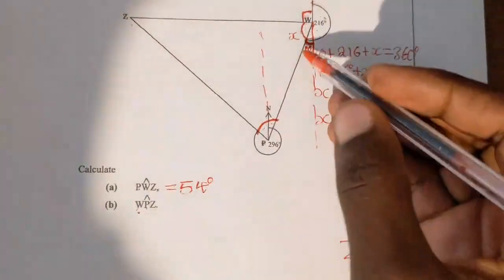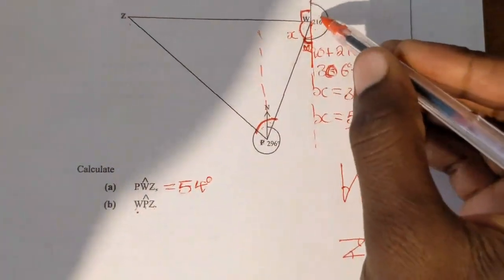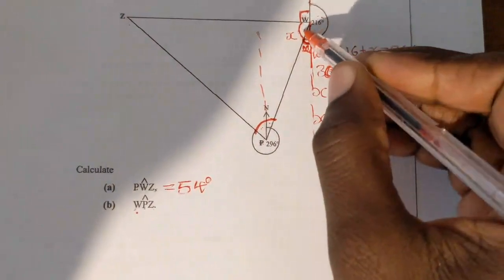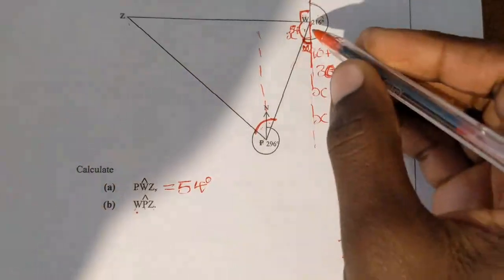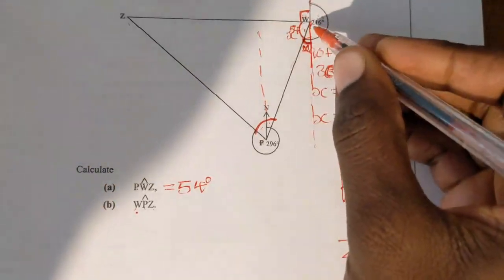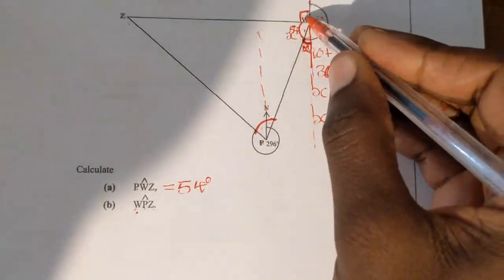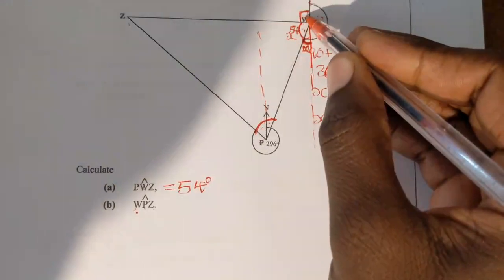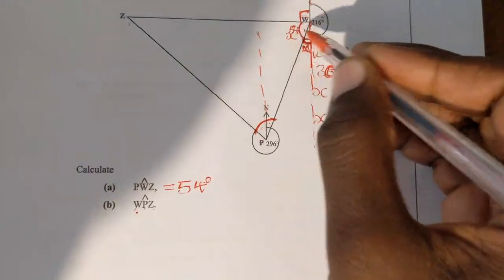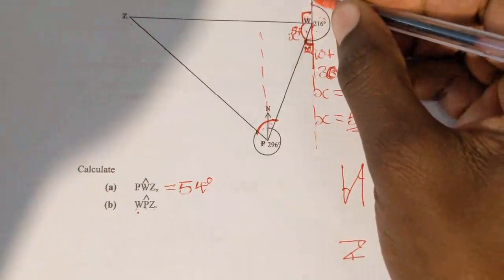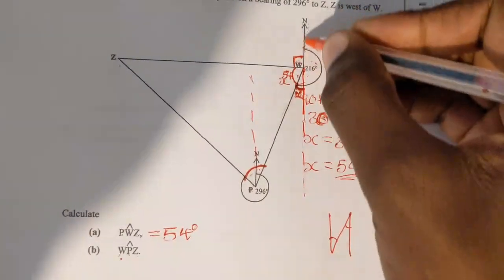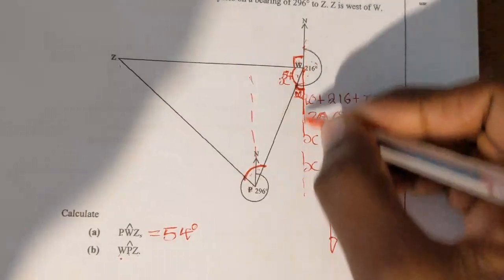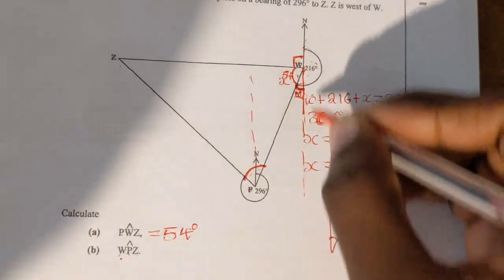Here we have 54, and here we have 90. This is a straight line, and angles on a straight line add up to 180.